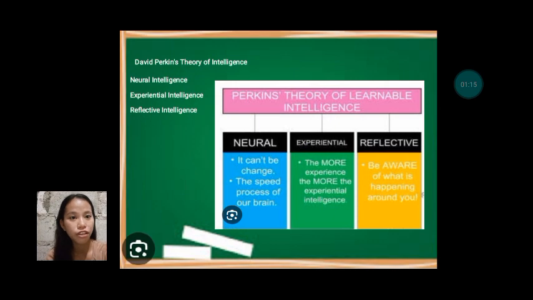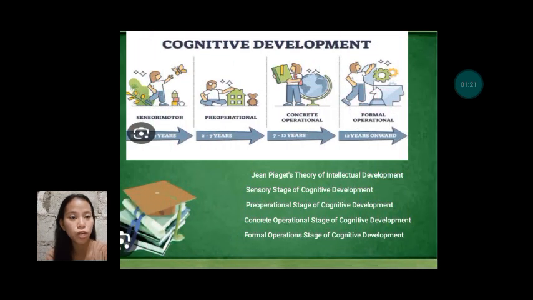Third, David Perkins' theory of intelligence. And the last one is the Jean Piaget theory of intellectual development. So, let's tackle their theories.